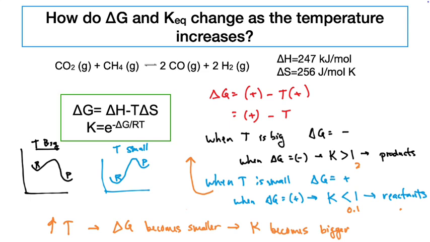If I go from a positive value to a negative value, it's getting smaller. What's happening to K? I had a hard time with this, so I got my 0.1s in here. 0.1 is less than 1. 2 is larger than 1, so I'm going from 0.1 to 2, which means my number is getting bigger.